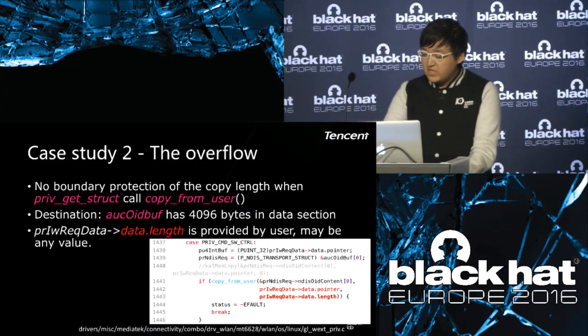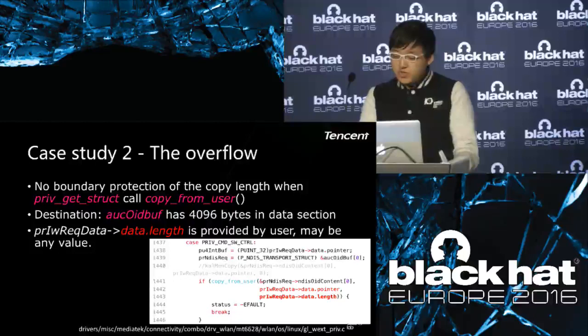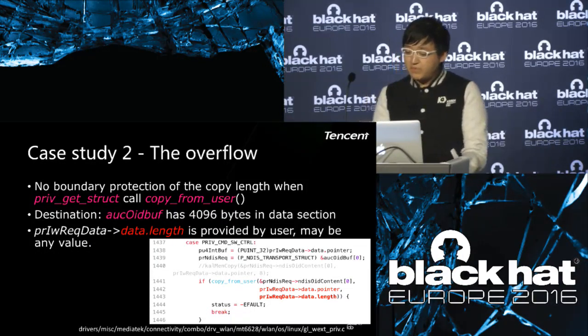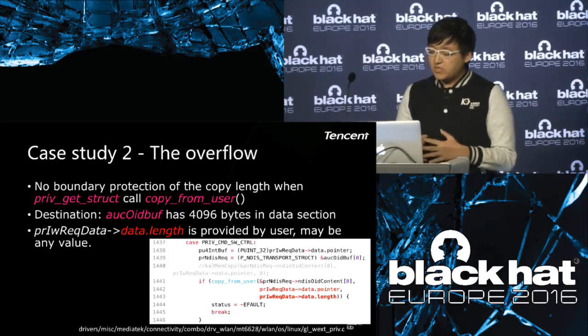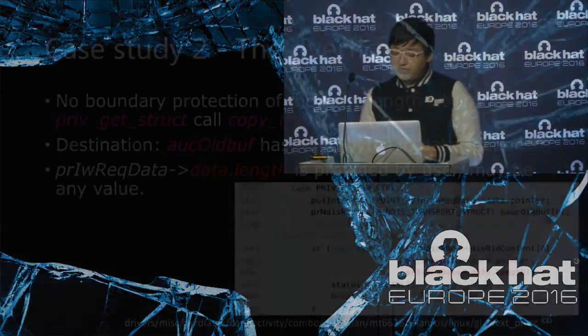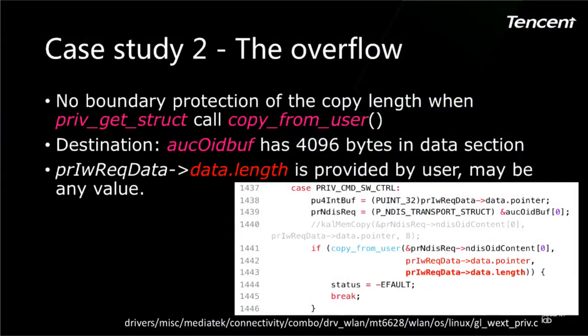Actually, it's a very classic copy-from-user issue, and the WXT handler copied the input buffer from user space to the data section without verifying that the size of the input buffer is less than the size of the output buffer, leading to a data section overflow. The destination address is AUC OID buff, and I'm going to highlight it.